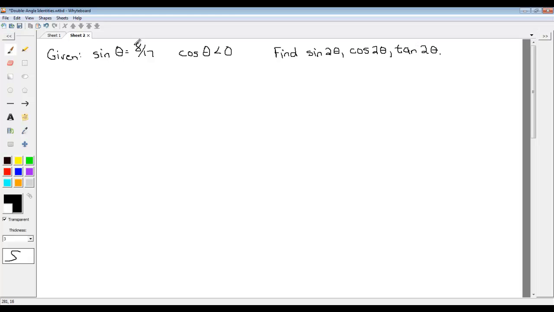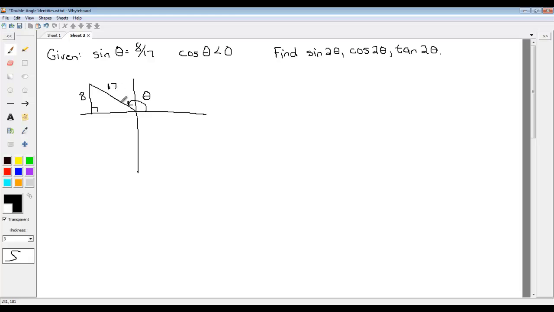Alright, first of all, the sine is positive and the cosine is negative. A smart, up here, A and everything's positive, sine's positive, cosine's negative. So we're looking at over here somewhere. So our theta is here. If the sine is 8/17, that means opposite is 8, the hypotenuse is 17.